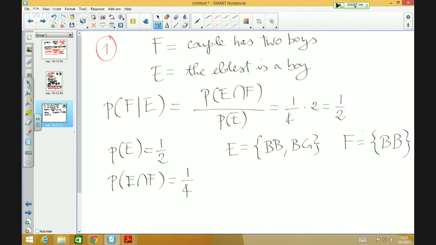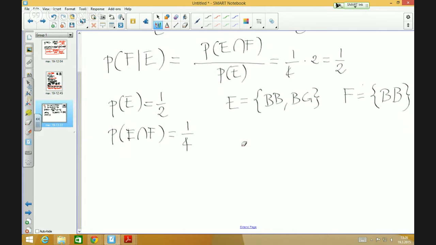Because if somebody tells you the eldest of the 2 children is a boy, you know that there are only 2 possibilities, either boy-boy or boy-girl. The probability that you get boy-boy is 1 over 2. Okay, so the probability that a couple has 2 boys, if the eldest one is a boy, is a half. But now, what is the probability that the couple has 2 boys, given that now E is the event, one of them is a boy?